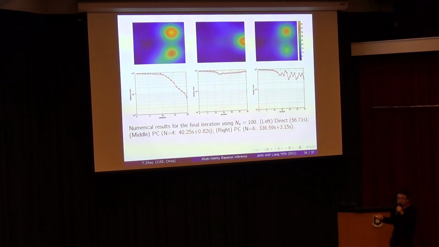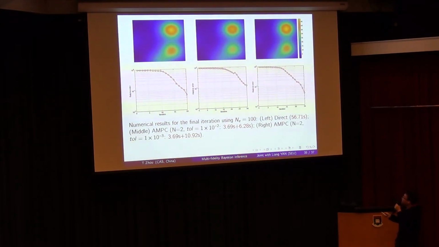This is a 9-dimensional problem, so this order is very high. You have to use a lot of modes to approximate the field. But with the multi-fidelity approach, you can do it even with a degree-2 polynomial space. And with very fast computation, you can get results similar to the true field. So the method can be very powerful.